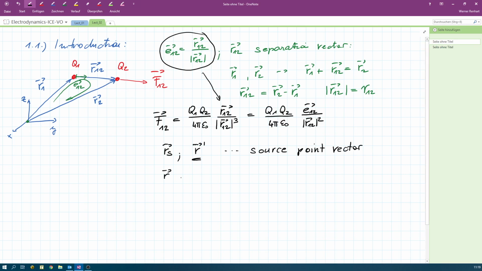The field point vector R always remains the same. So the separation vector is R minus R prime, which is the same as R12, if R1 and R2 are the points as sketched here below.